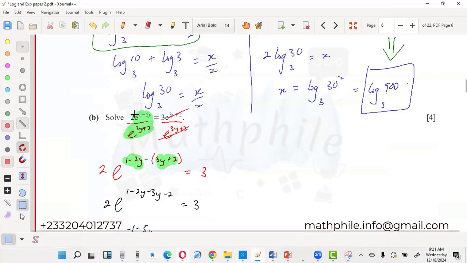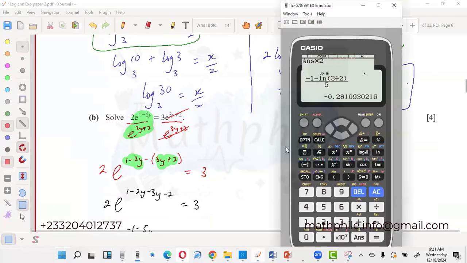Okay, so let's type on the calculator. So 2e exponent. The e can be Shift and the ln function, or Alpha, and the 10 raised to the power x. Any of them will work. So 1 minus 2y, but I'm not going to write 2y because the calculator solves for x.